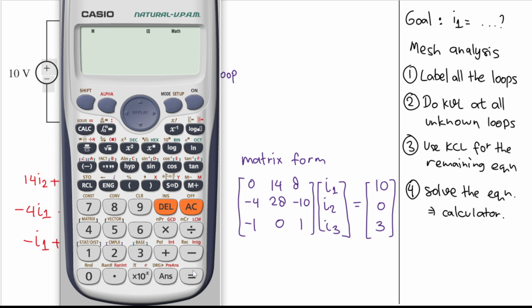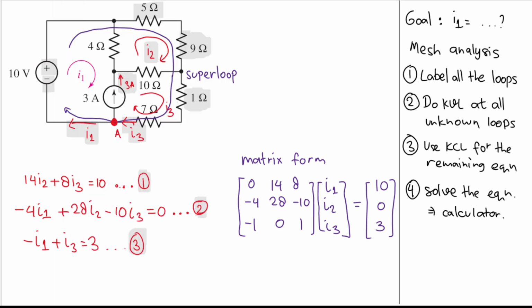And here we will have our I1 value, which is minus 1.933. So I1 is minus 1.933 ampere, right? The unit is ampere because all the components are in SI units. So we'll have I1, and then what is I2?